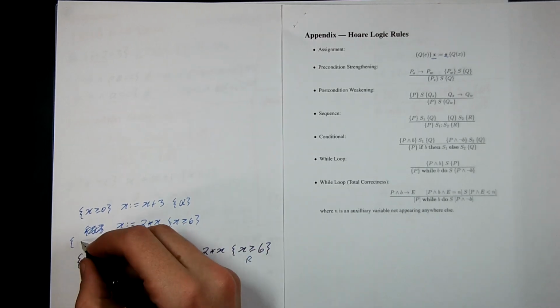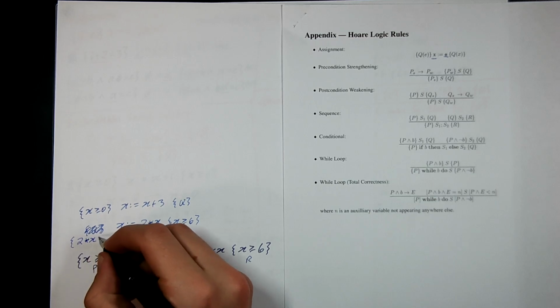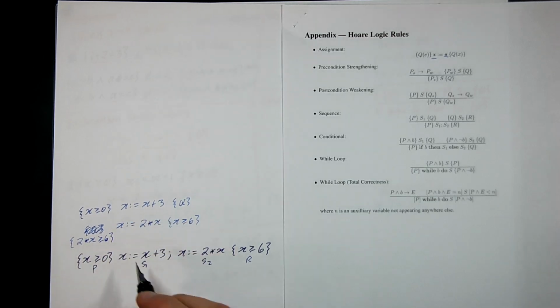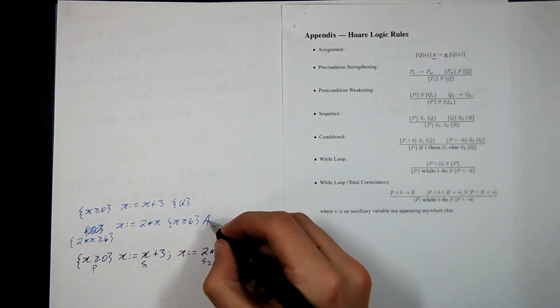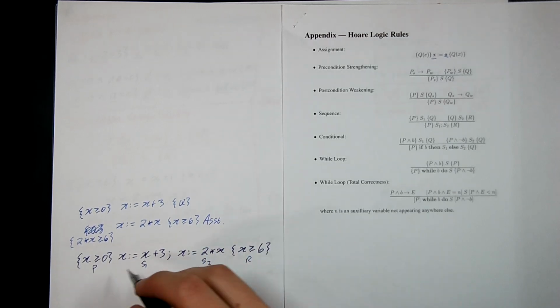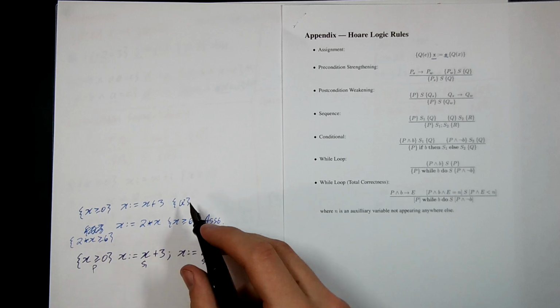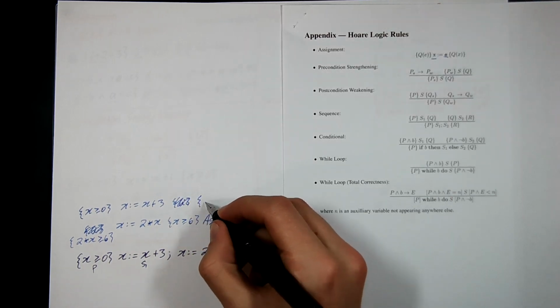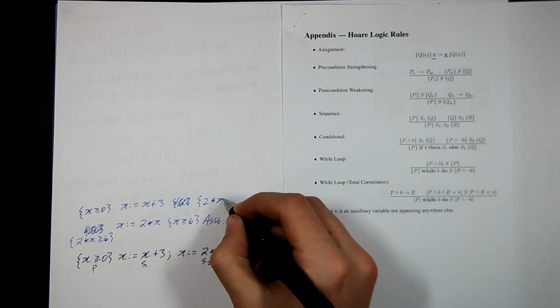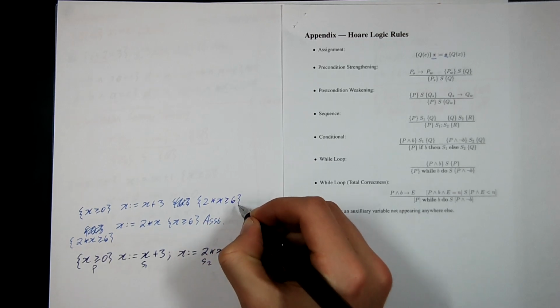So it looks like it's going to have to be 2 times x is greater than or equal to 6. So I replace 2 times x with x. There we go. This is a valid form of the assignment rule. Therefore, the predicate here has to be the same choice as the predicate here. So this is going to have to be 2 times x is greater than or equal to 6.